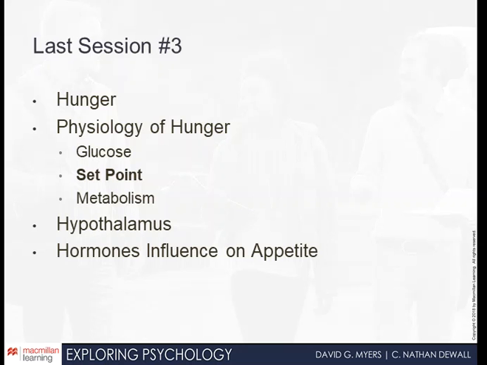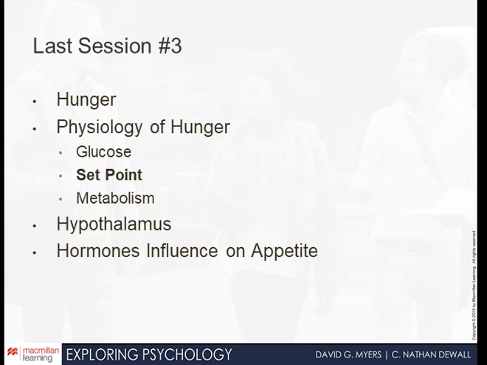Even though you've lost weight, you now are more hungry than you normally are. In addition, it would also slow down your metabolism so that normally you get some food in, you'd burn off some of that food, but now you're burning off less because your body is basically trying to get you back to that certain set point weight that it has established.